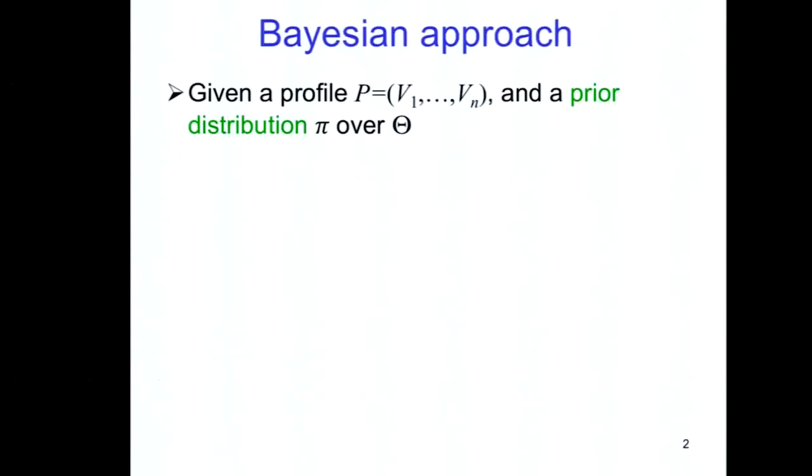All right. Now, the Bayesian approach is basically just a different school of thought. Given the preference profile and a prior distribution pi over theta, the prior distribution just describes how likely you think each state of the world is without looking at the data.